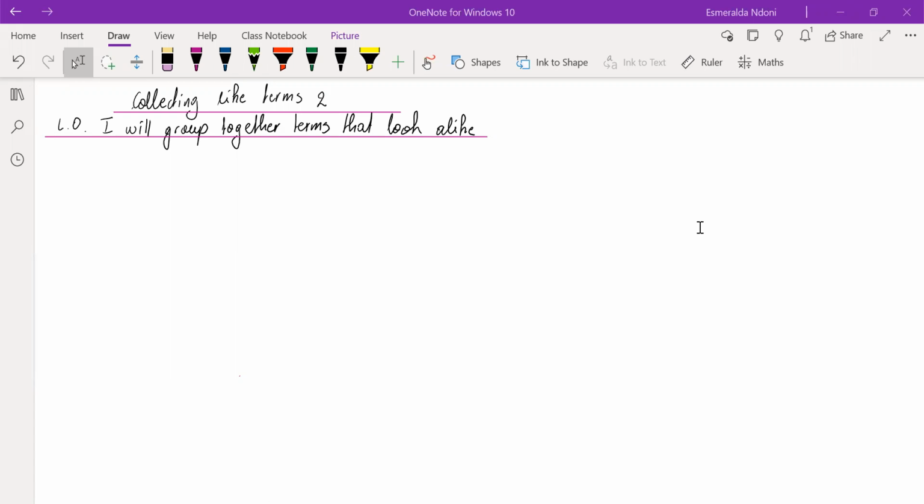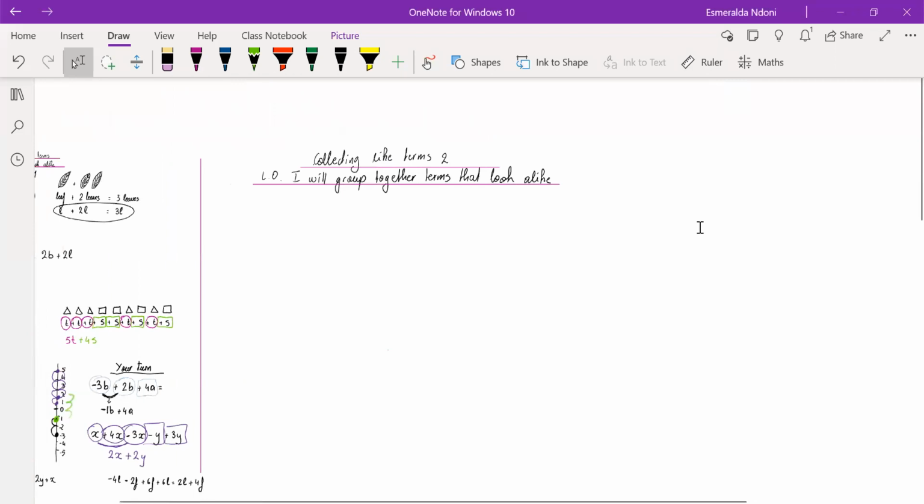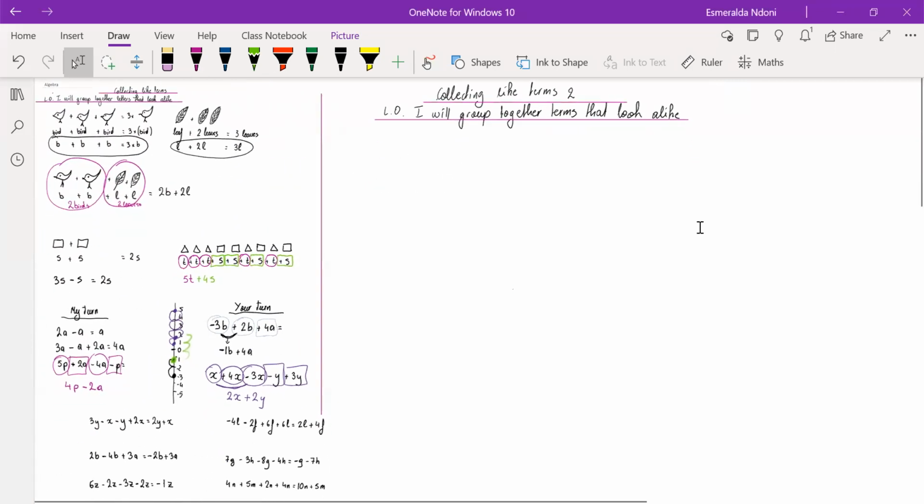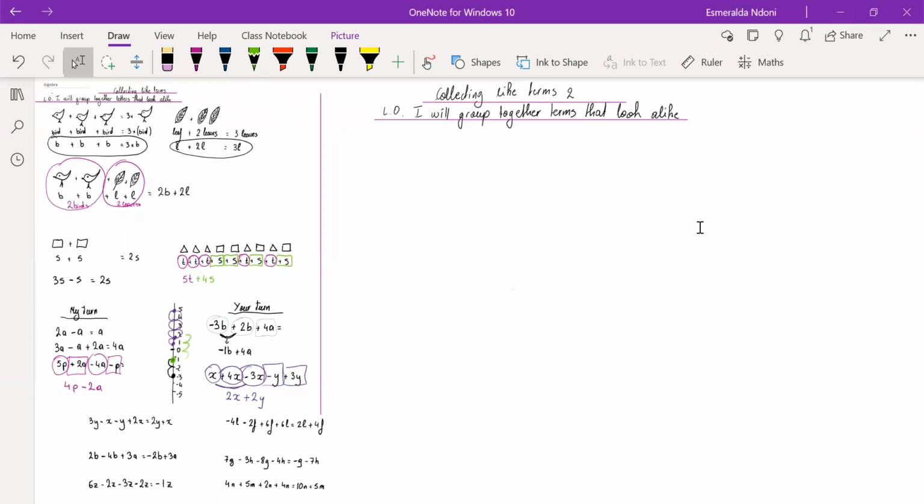So let's start. Previously, on part 1 of collecting like terms, we learned how to represent things like birds and leaves with letters and then group them together depending on what they were.